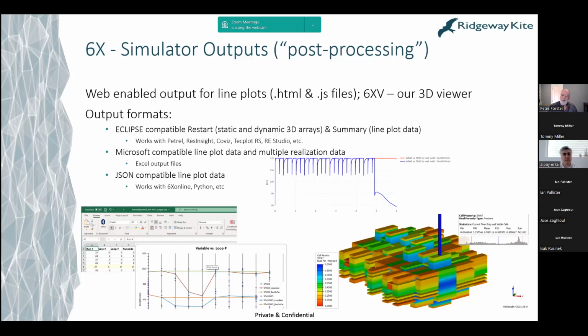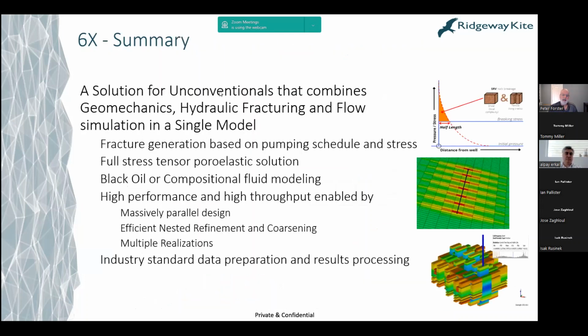So we write HTML files and JSON files, which allow you to do line plotting directly from the 6X output in Google Chrome or Microsoft Edge or wherever. You can also read that JSON data through Python or whatever into things like Spotfire and display the results there. It's very flexible. Okay. So that's how we get data in and out.